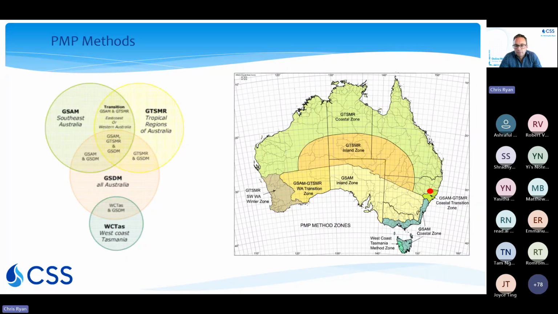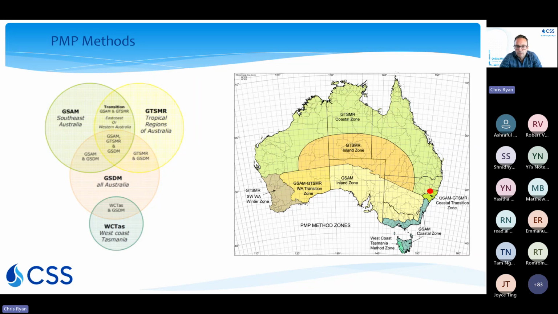So in general, what PMP methods do we have available to us? This is the image from the PMP documentation just showing the different PMP method zones. We have the GSDM, which covers all of Australia, but is only for short durations of up to 6 hours, and in some areas only 3 hours.